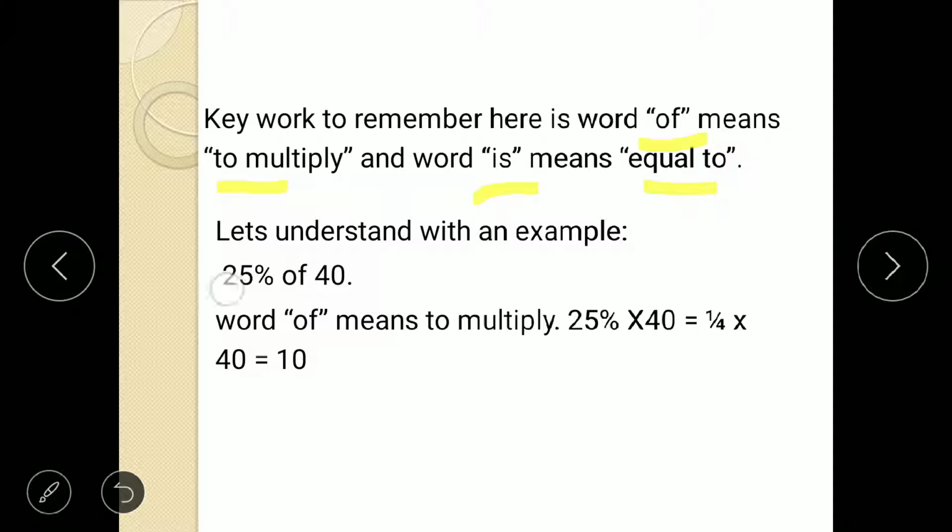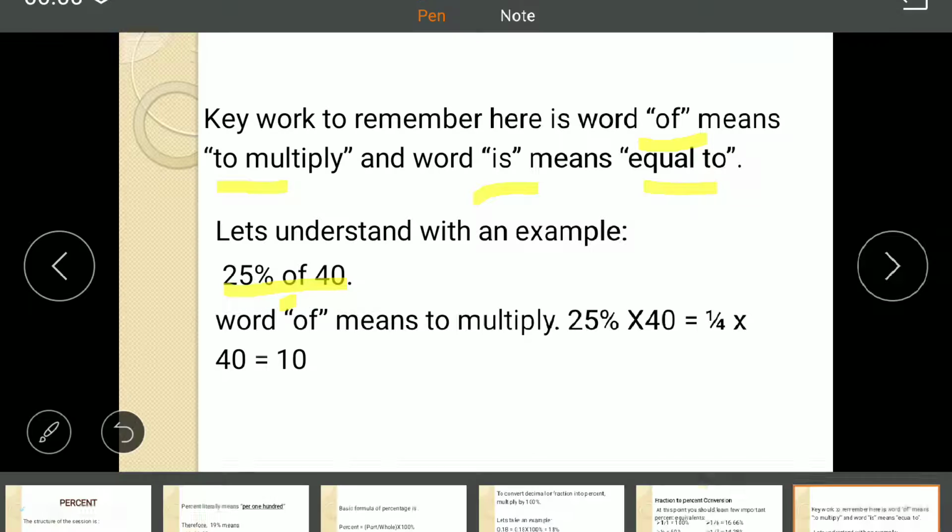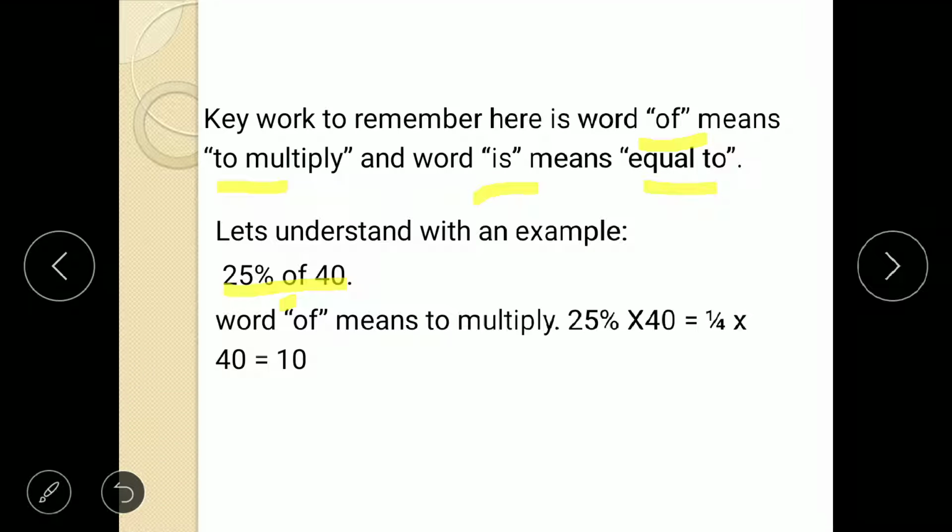What is 25% of 40? Now, just now we have said "of" means to multiply, so we'll multiply 25% by 40. And 25%, from the previous slide, is 1 upon 4.